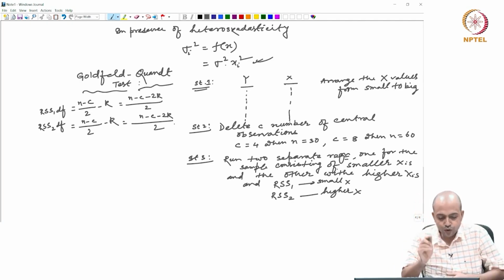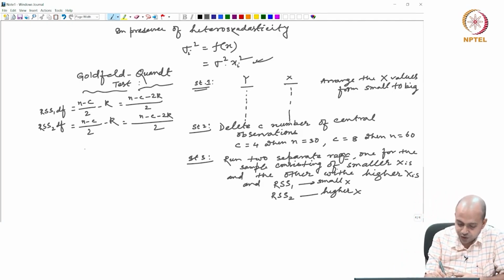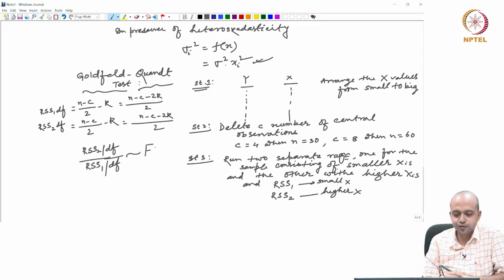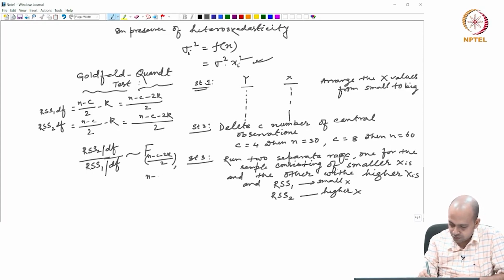And now, if you construct a test statistic in this way, RSS 2 by RSS 1, each divided by its corresponding degrees of freedom, then that will follow an F statistic with degrees of freedom n minus C minus 2k by 2 for the numerator and n minus C minus 2k by 2 for the denominator.